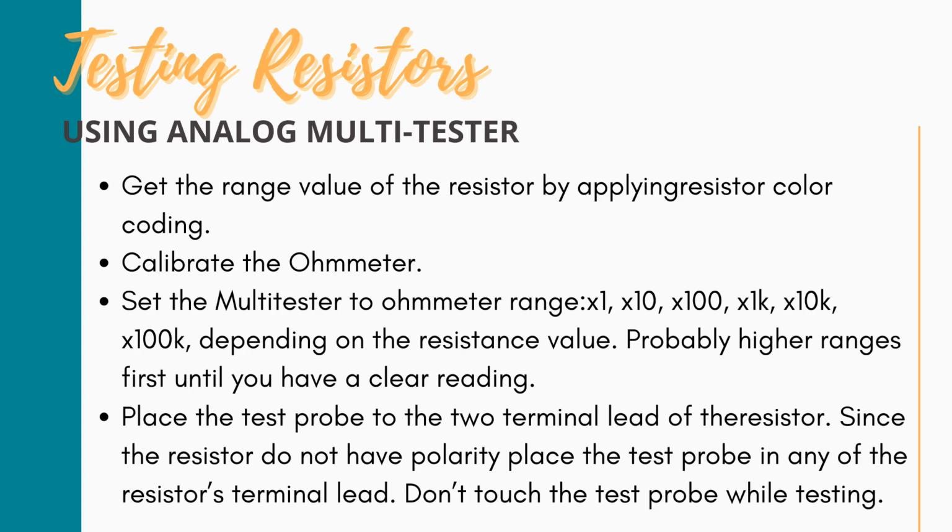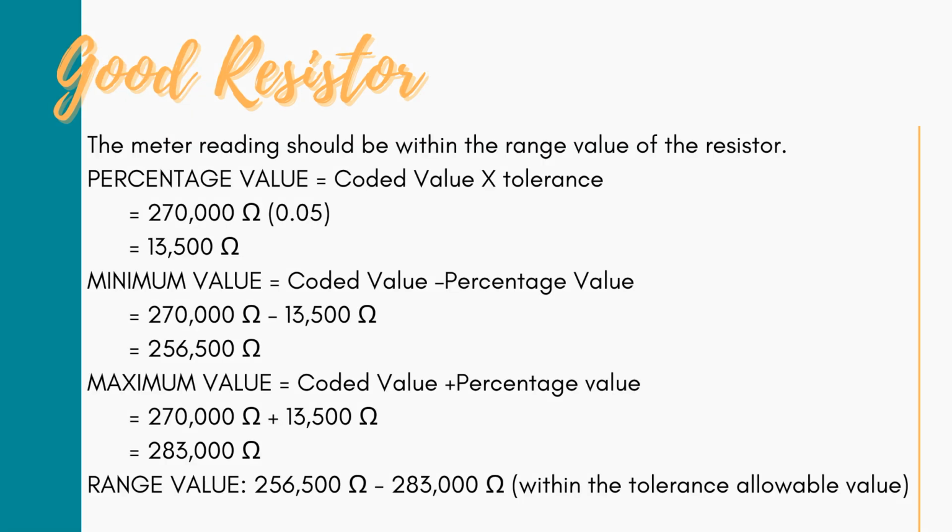Probably higher ranges first until you have a clear reading. 4. Place the test probe to the 2-terminal lead of the resistor. Since the resistor does not have polarity, place the test probe in any of the resistor's terminal lead. Don't touch the test probe while testing. Good resistor. The meter reading should be within the range value of the resistor.